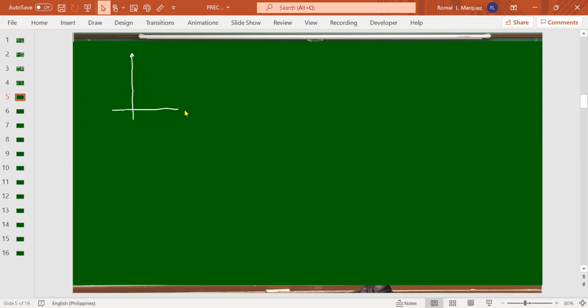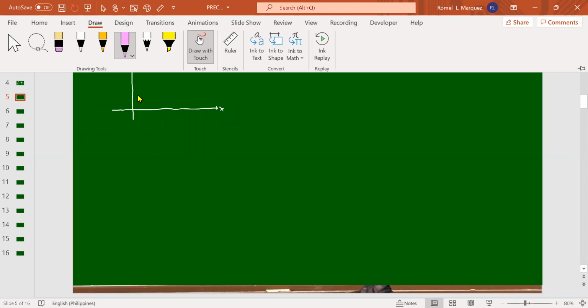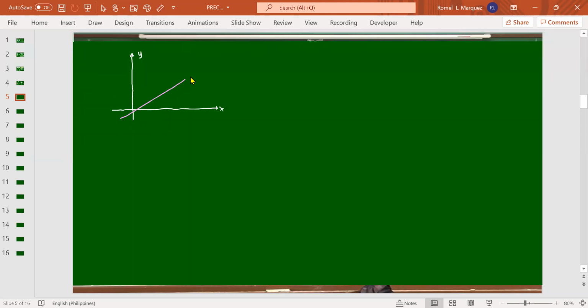If I have this line, we have to consider 2 points, any 2 points will do. The angle of inclination of this line is theta.